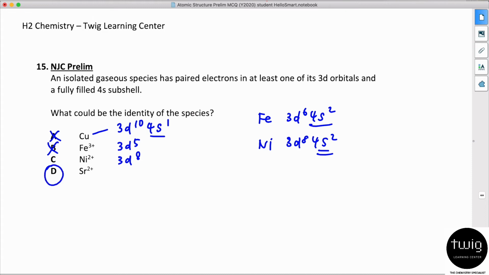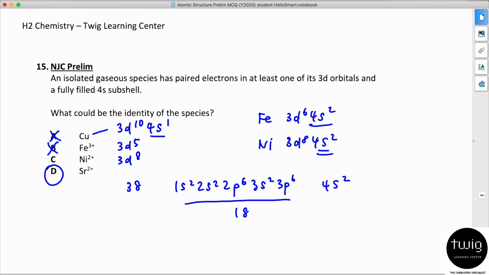But strontium 2 plus, the truth is this. Strontium has 38 electrons. Let me write the configuration out for you quickly. Normally I remember this part already has 18 electrons. Then 4s2 means 20. Then 3d10, 30.